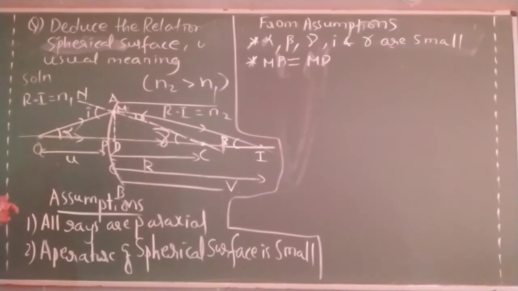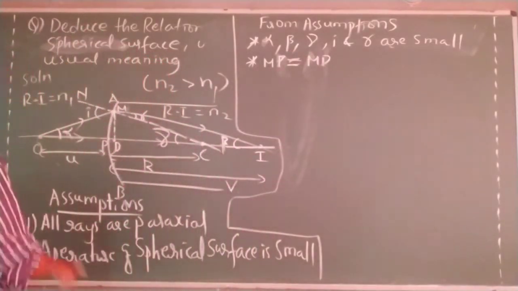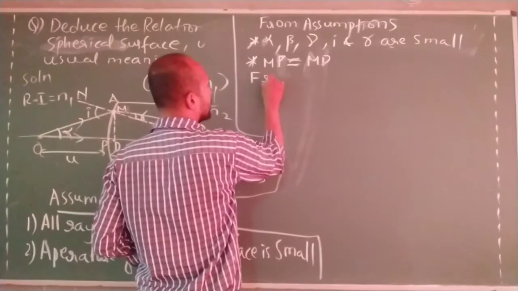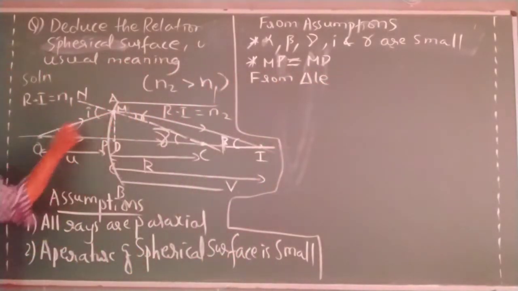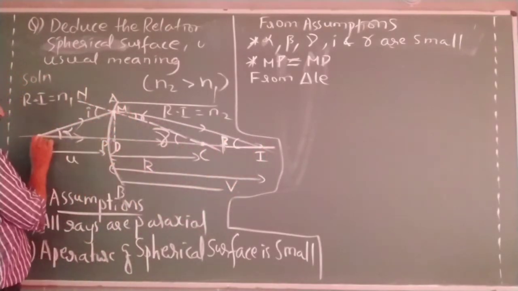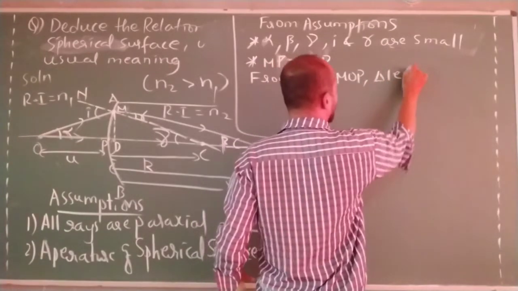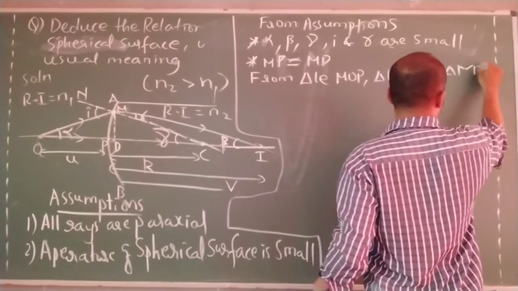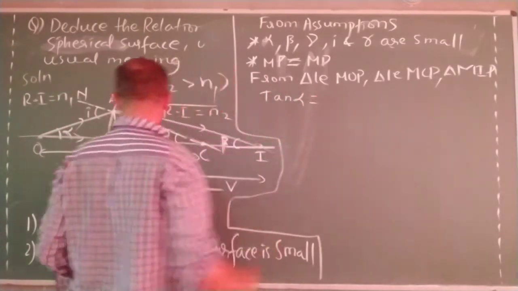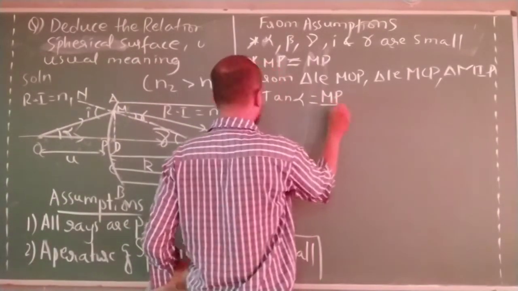Are you getting that? See here, MP is equal to D. First, from triangle MOP, triangle MCP, triangle MIP, I can write tan alpha is equal to opposite by base, tan alpha is equal to MP divided by OP.